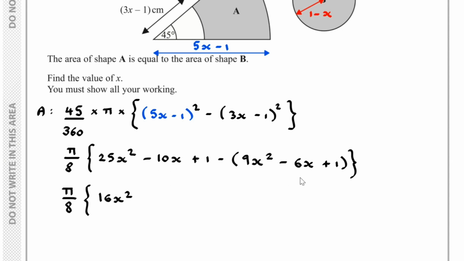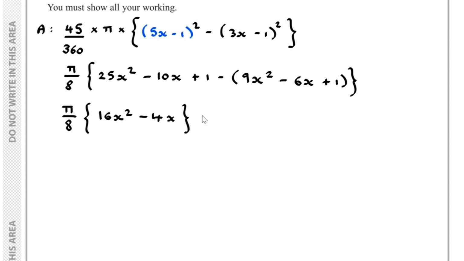Then I've got minus 10x minus 6x, so that's minus 16x. And then I've got the x, and then the 1 and the minus 1 give 0. So that's the area of A. Units, of course, we've got centimetres squared.